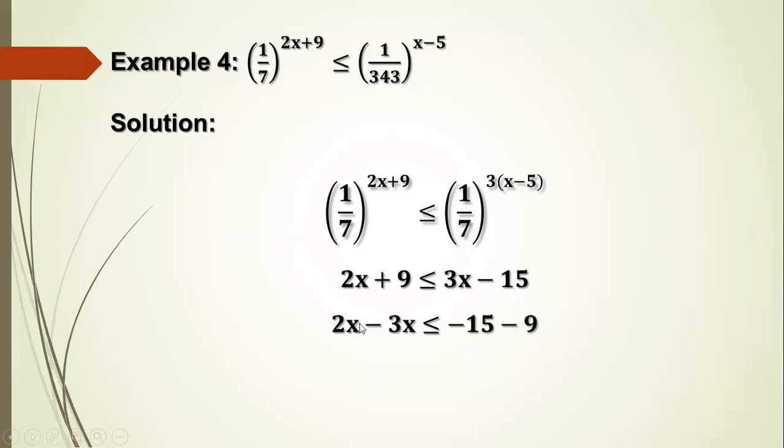So we have 2x minus 3x is less than or equal to negative 15 minus 9. Simplify: negative x is less than or equal to negative 24. By applying the multiplication property of equality, we have x is greater than or equal to positive 24. Meaning 24 and the numbers higher than 24 will satisfy this inequality.